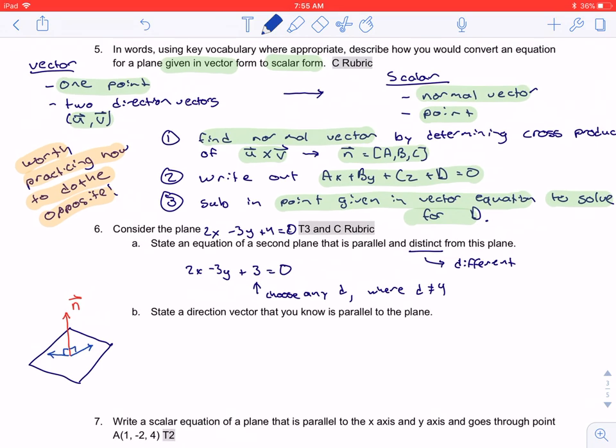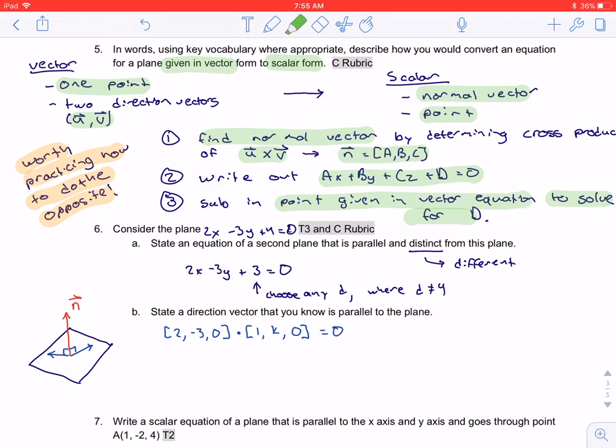So one way is 2, negative 3, 0 dotted with an unknown vector 1, k, 0, and set that equal to 0.